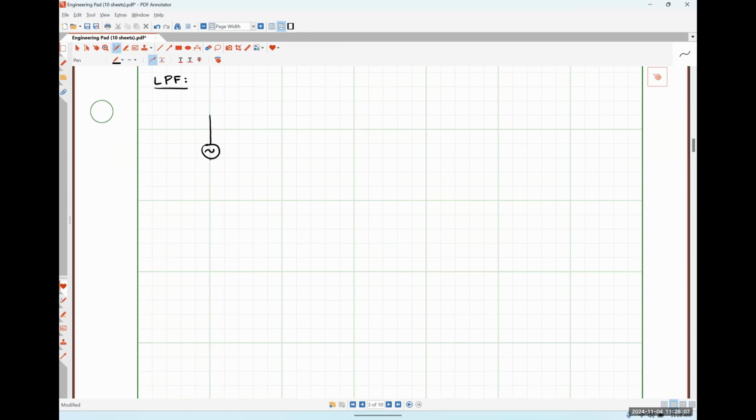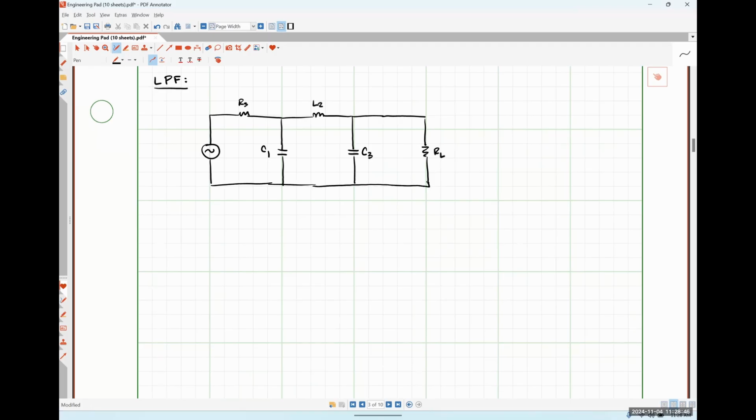Here's our input voltage, here's our source resistance, we have our shunt capacitance C1, L2, C3, and then our load resistance over here.